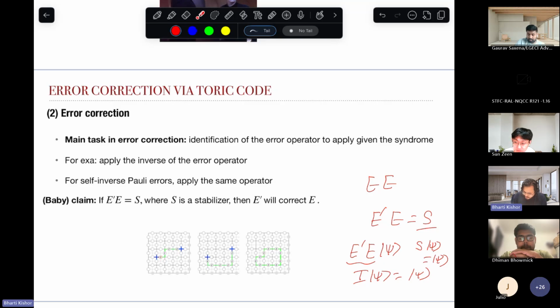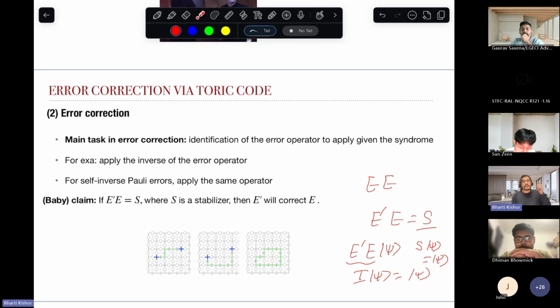But maybe, instead of doing the error correction along this, you ended up doing error correction like this by applying this operator. But in this case, it's not problematic, because this was the actual error and this is what you did. The total action was basically a trivial loop. And because a trivial loop is a stabilizer, it's fine.